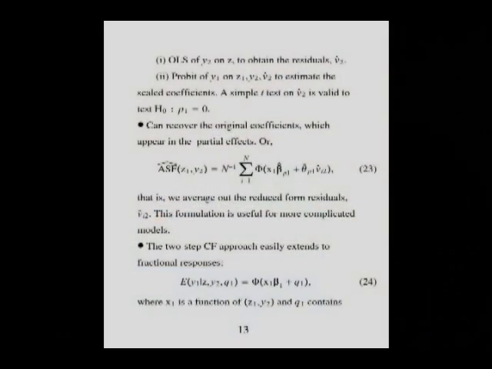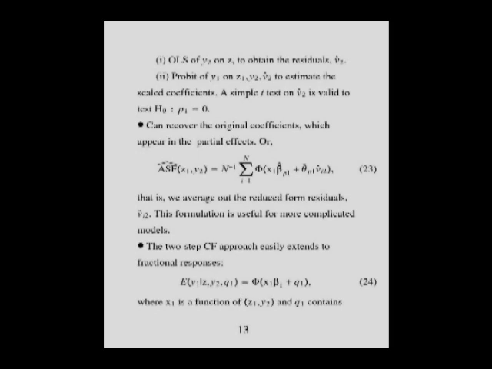Okay, and so the two-step method in this case, the control function approach, is to get the residuals from this linear reduced form and then do a probit where you add these residuals, and again, this controls for the endogeneity of y2. The nice feature of this procedure is that, like in the linear case, this gives you a simple test for endogeneity.